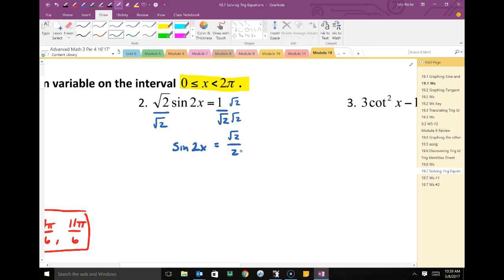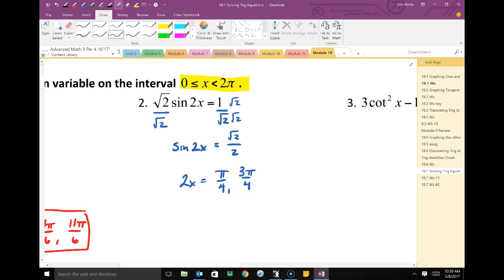Okay, so now I grab my unit circle, and the sine is which one? The y. So I'm looking for where the y on my unit circle is a positive square root of 2 over 2. So at pi over 4 and 3 pi over 4. Now did you notice what I did when we solved this?